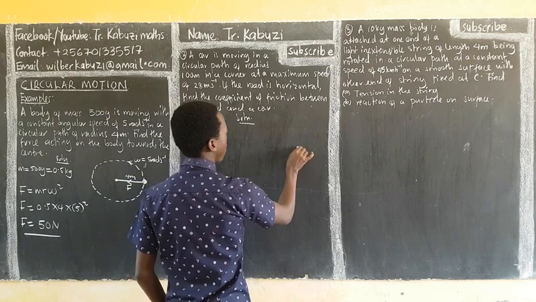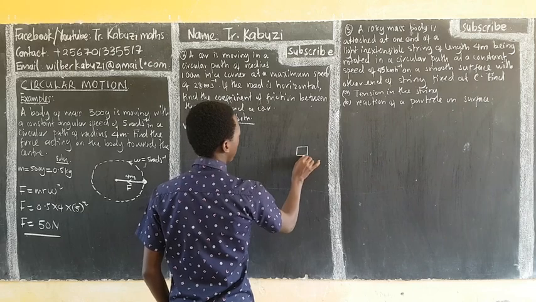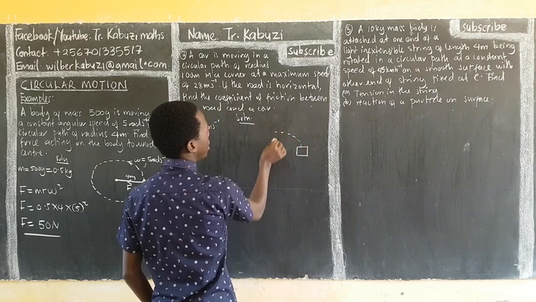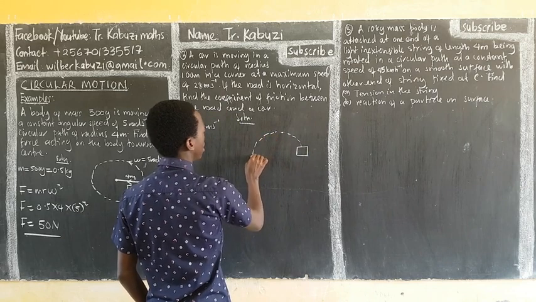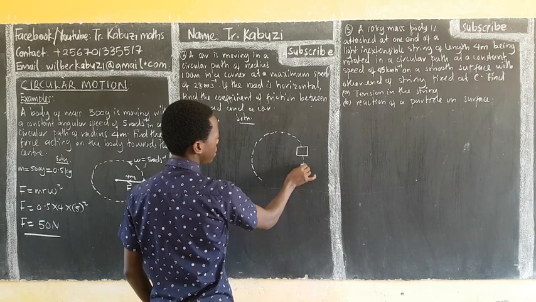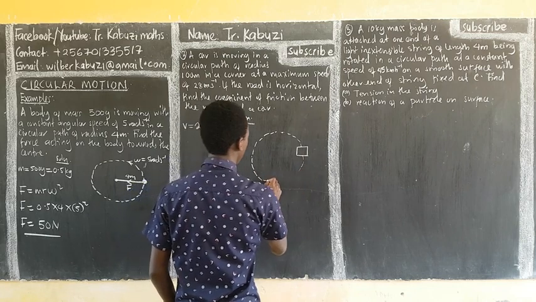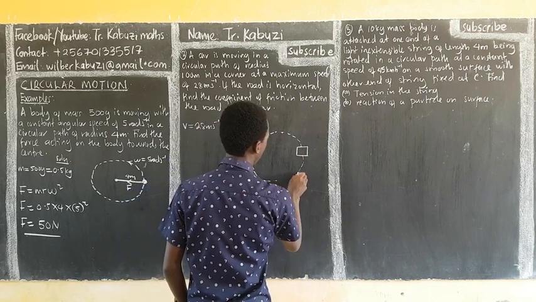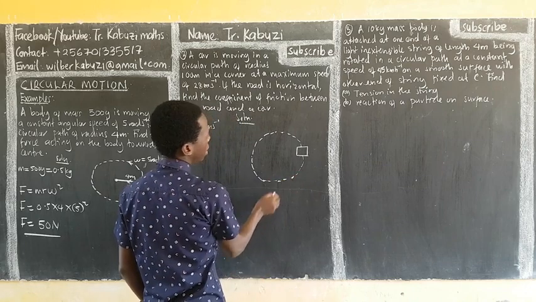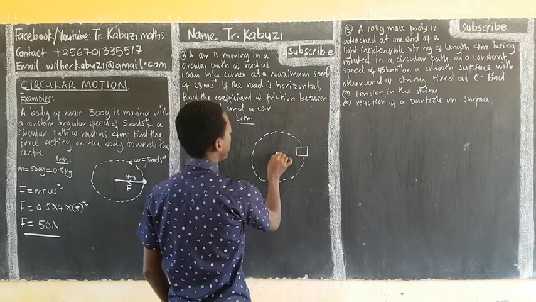This is our car. It's moving in a circular path. So this is the path this car is making.